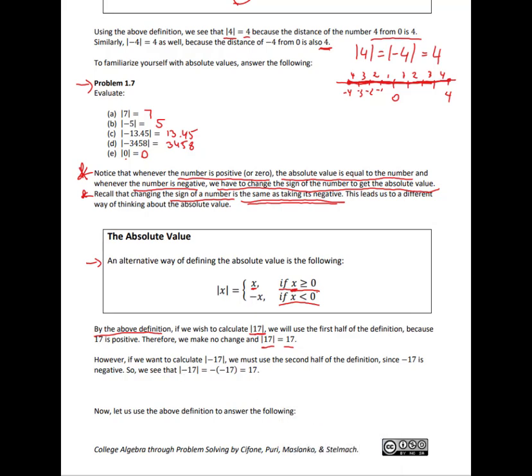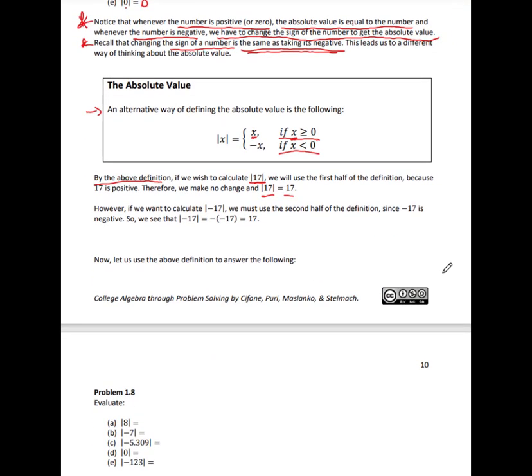But now if we want to calculate the absolute value of -17, we're going to be using the second half of the definition because our x is now less than 0, because -17 is less than 0. Right? So this says that you're going to put an extra minus in front of your x. So our x in itself is -17.